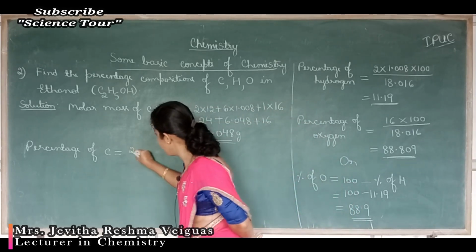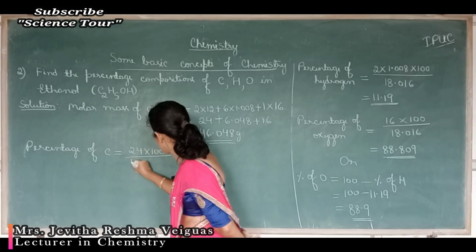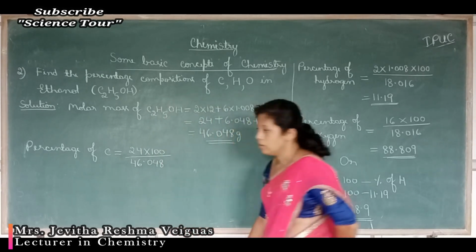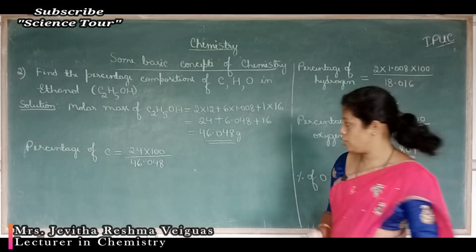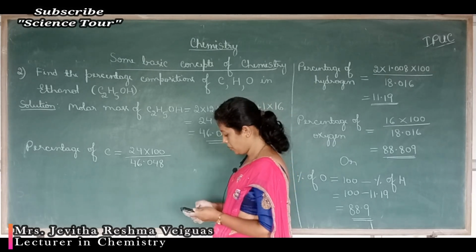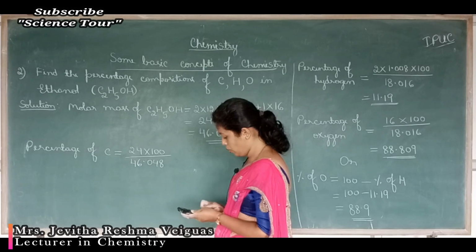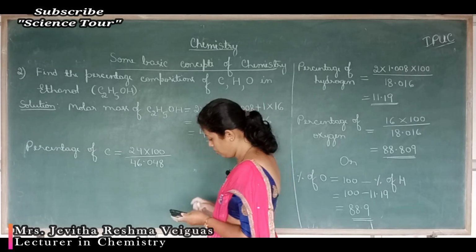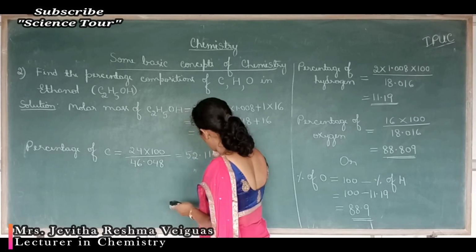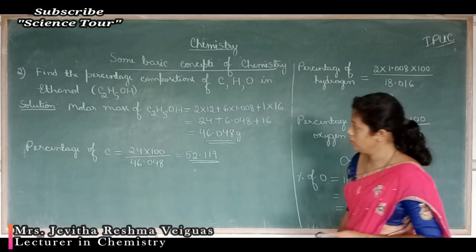So it is 24 into 100 divided by 46.048. This gives you the percentage of carbon, that is 52.119.